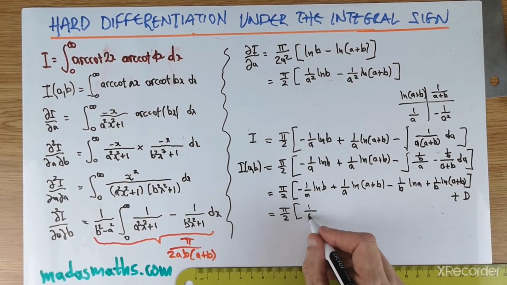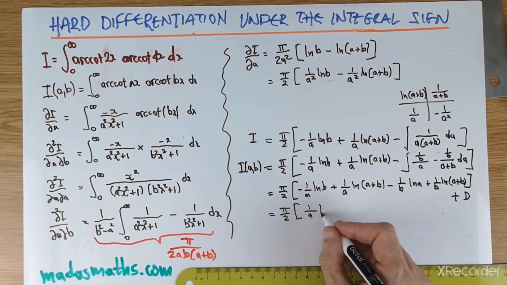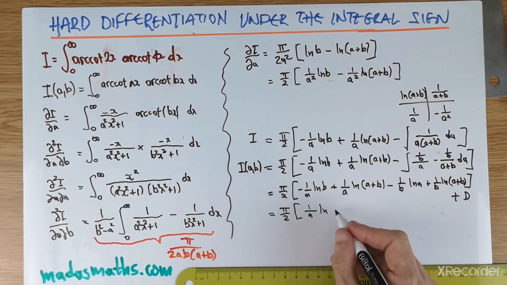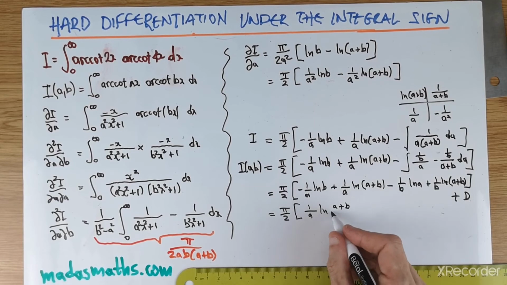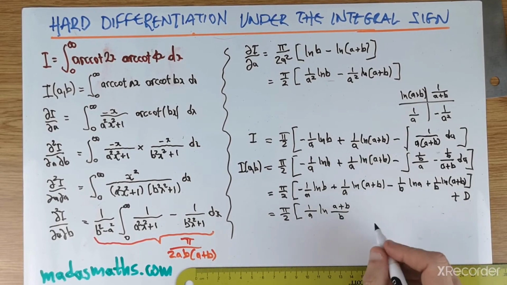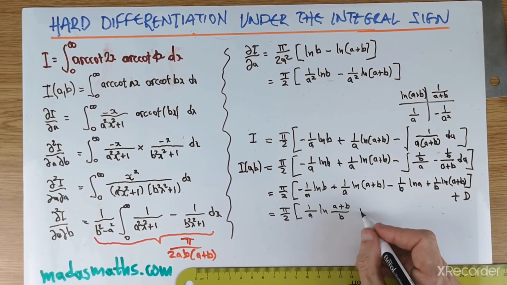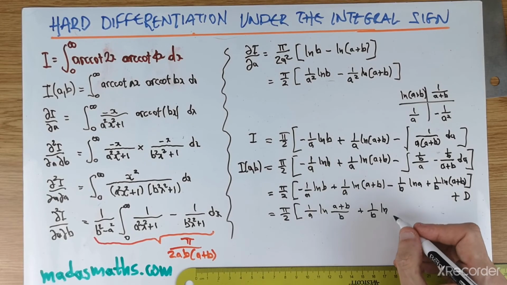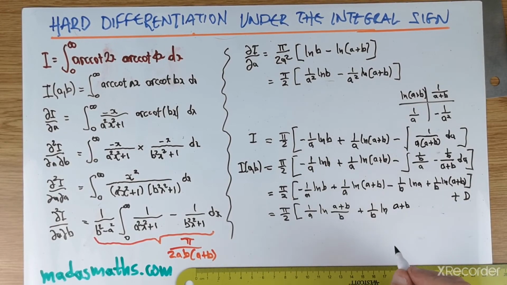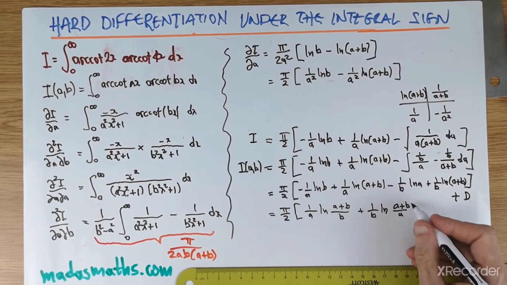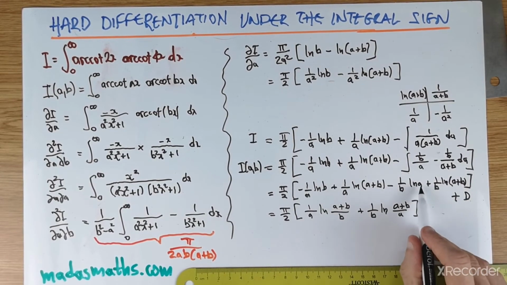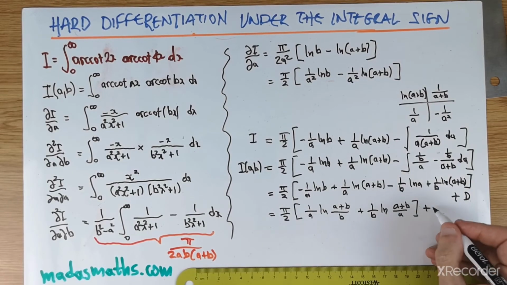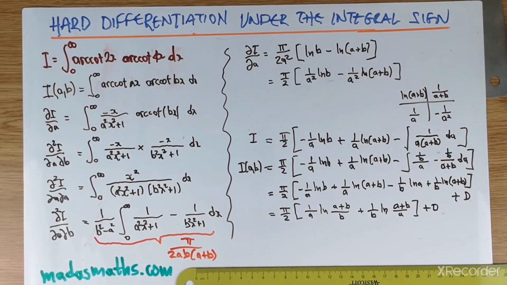So factorizing the 1 over b, we're going to have log of a plus b over b, and then log of a plus b over a, just checking, plus d. All right, so far so good.